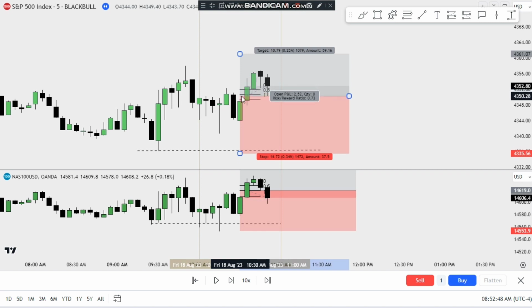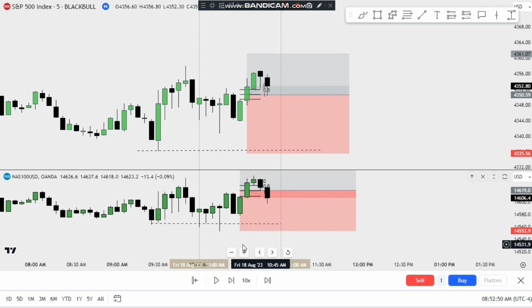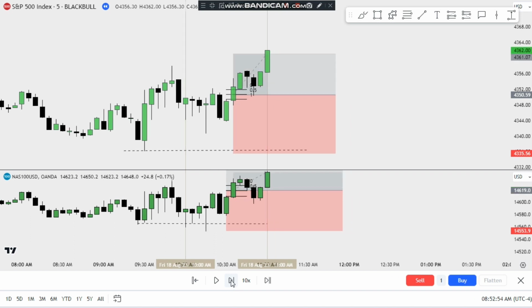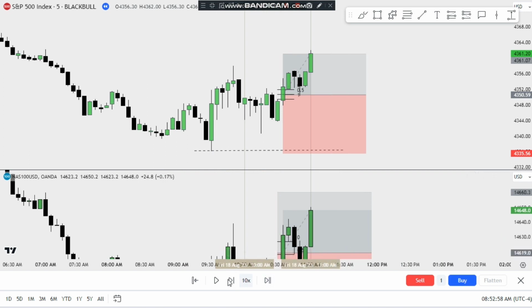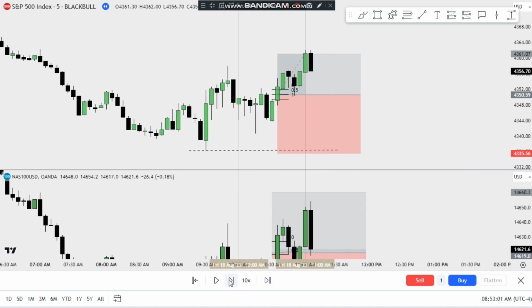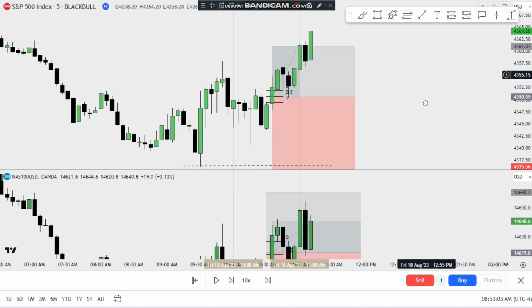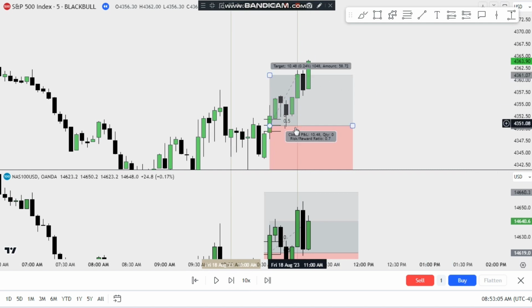This will be your entry point. So let's see what happened after the entry. You can see that it started pumping and both reached their targets. This target looks small, but it gives a good profit.